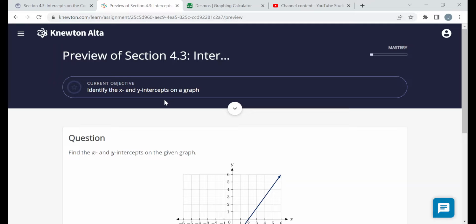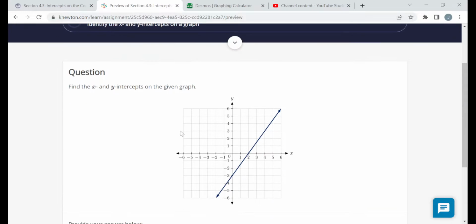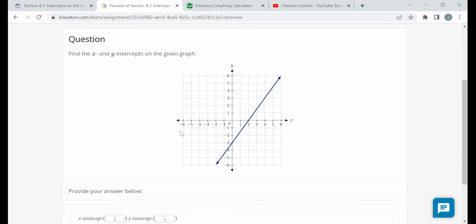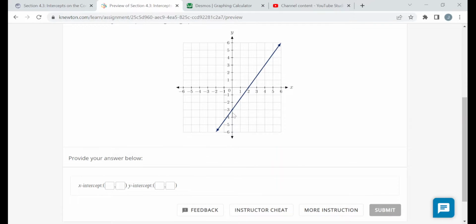Now, I think this one's even easier. This objective: identify the x and y intercepts on a graph. So you are given a graph of a line, and you're asked to find the x-intercept and y-intercept. So you're just looking for the points on the line that are on the x-axis and on the y-axis. So the x-intercept here is at 2, 0.